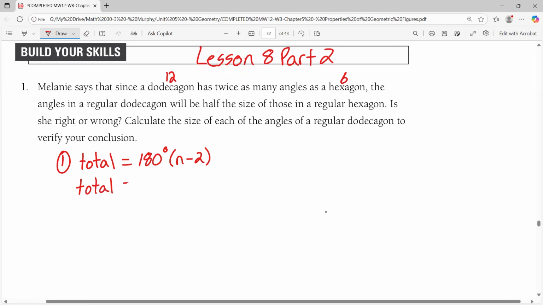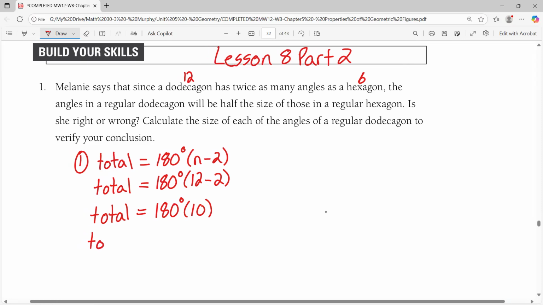So the total would be 180, and n is 12 minus 2. And then we got 180 times 10. So the total of all the interior angles of a dodecagon is 1800 degrees.